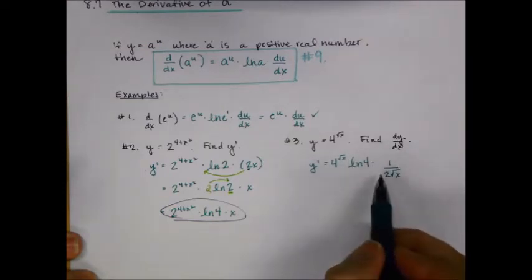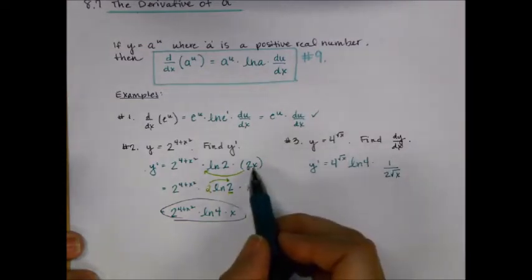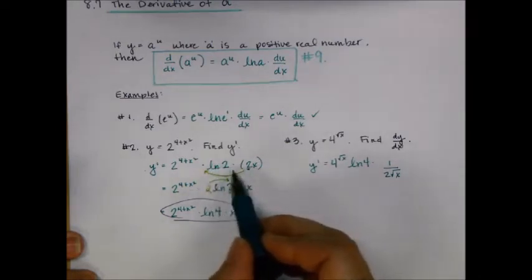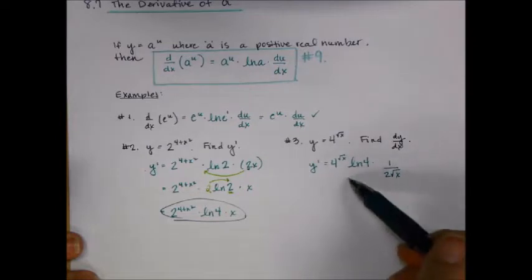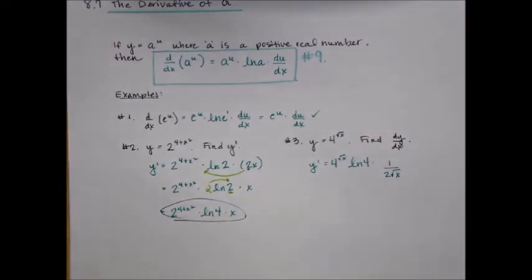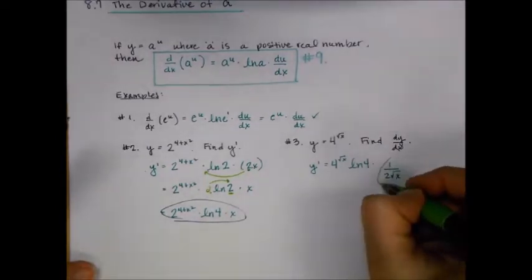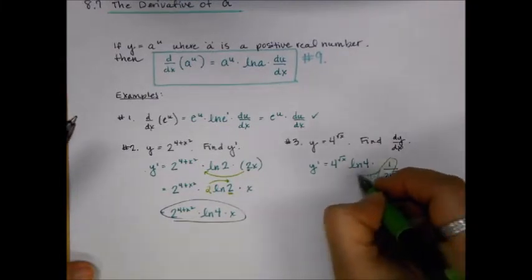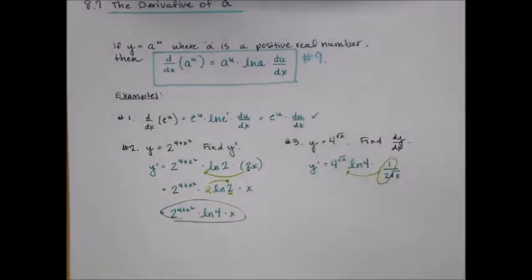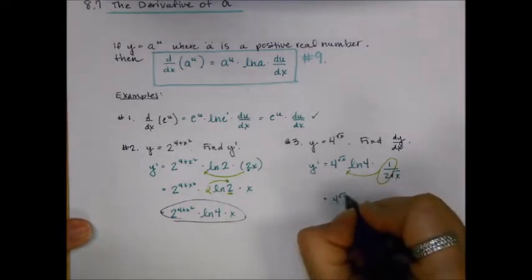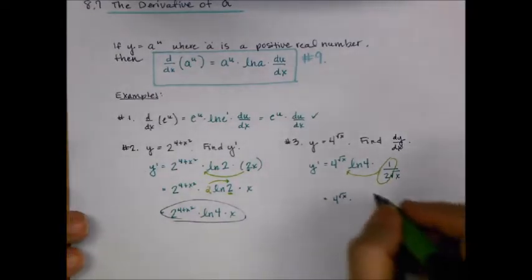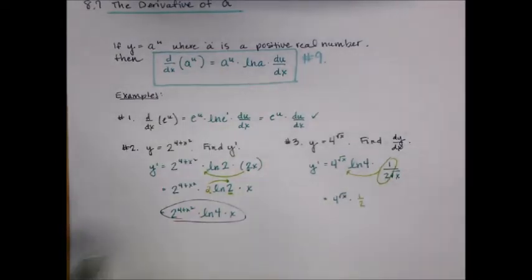So like last time I had this 2, I brought in front of my natural log 2. This time I have a 1/2 that I can bring in front of my natural log 4. So we're going to take the 1/2 here, bring it in front of the natural log of 4. And we'll write this as 4 root x times 1/2 natural log 4.